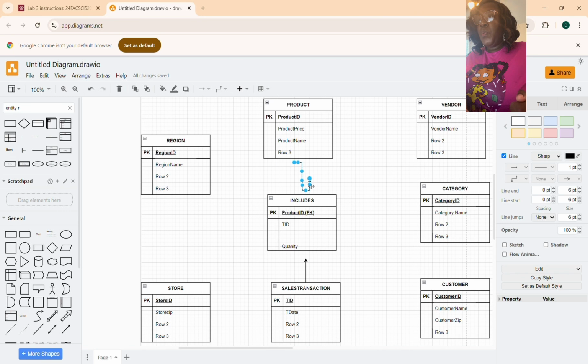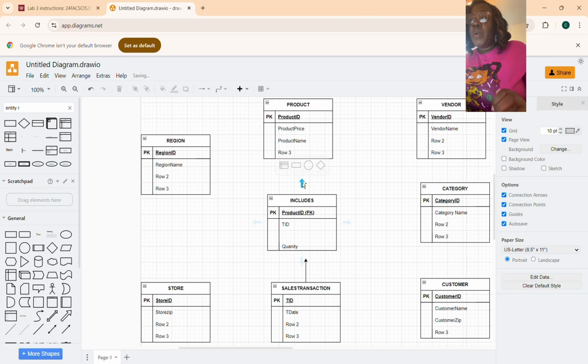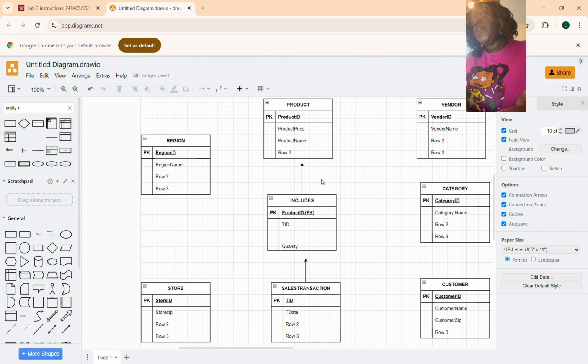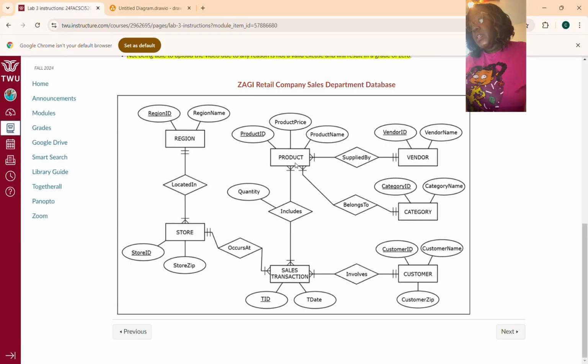So then when we look back over here next, we'll do the product to vendor. Product to vendor has more of a one-to-many relationship. So we have to look at the one that is closer to the many symbol, which is product.